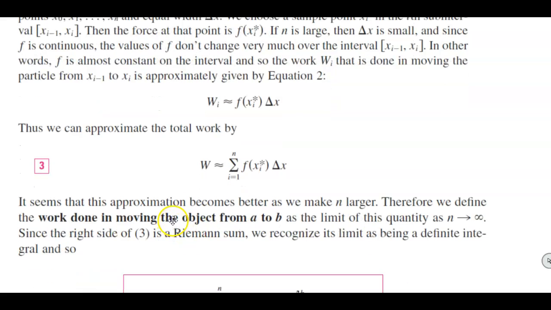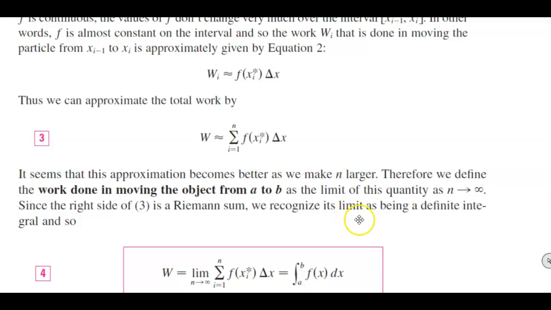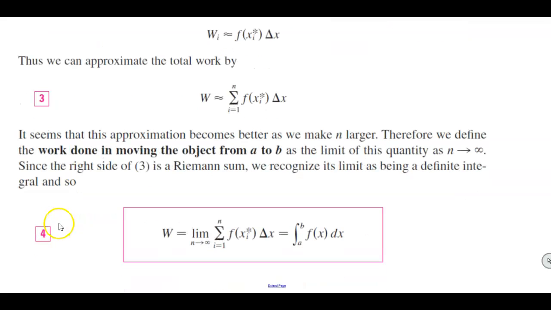It seems that this approximation becomes better as we make n larger. Therefore, we define the work done in moving the object from a to b as the limit of this quantity as n approaches infinity. Since the right side of equation 3 is a Riemann sum, we recognize its limit as a definite integral, and so it becomes the integral from a to b of f of x dx.